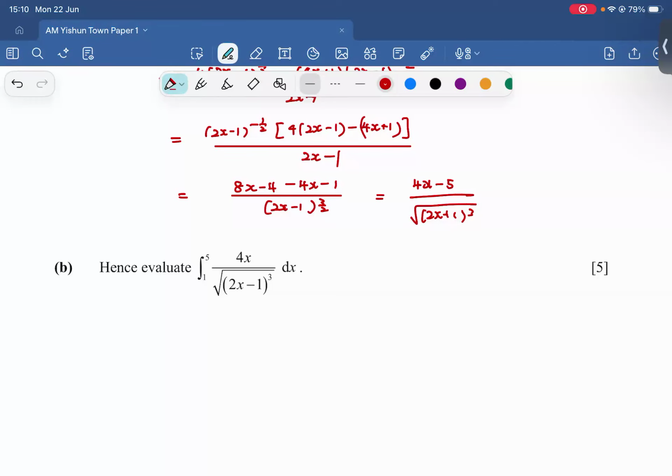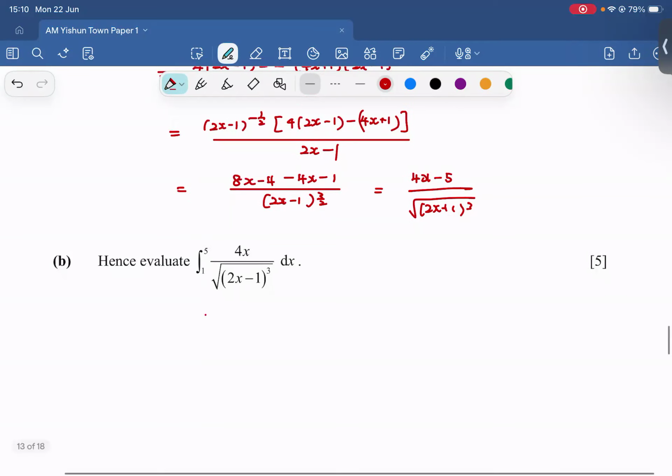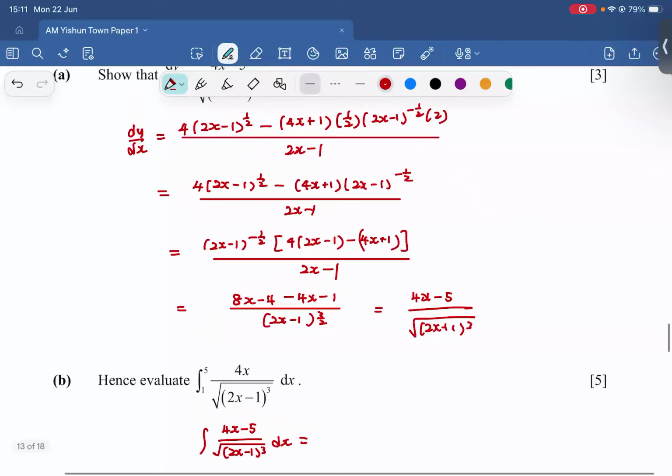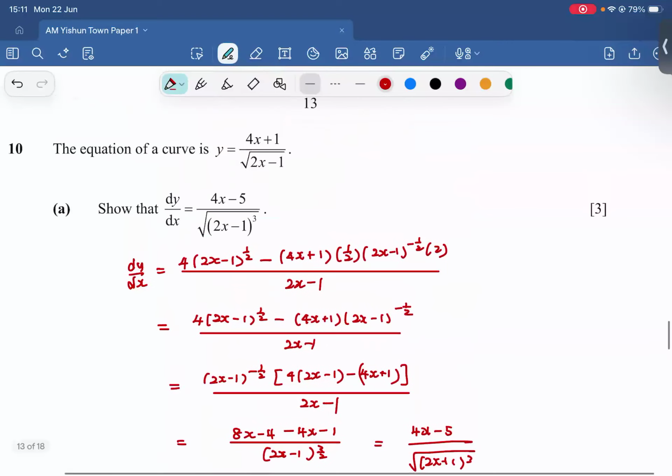So the opposite will be when I integrate, I will get back the original thing over there. So I don't start from what the question has, I start from what I have over here. It will be 4x plus 1.